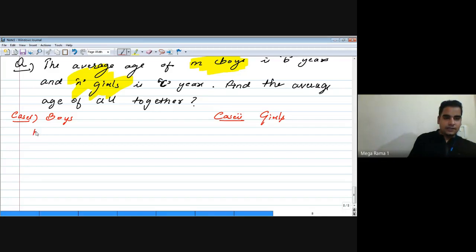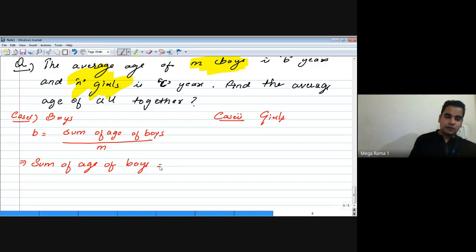That means B is equal to the sum of age of boys divided by the total number of boys, which is equal to M. So what's the sum of age of boys? That will be equal to MB or BM. Is that clear? That's the first result.